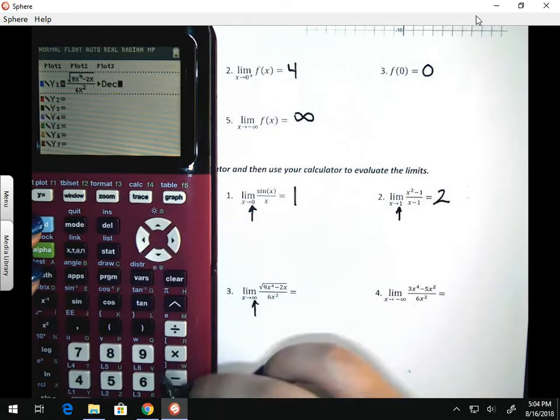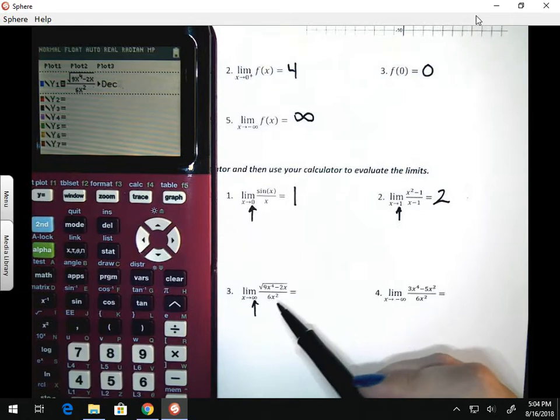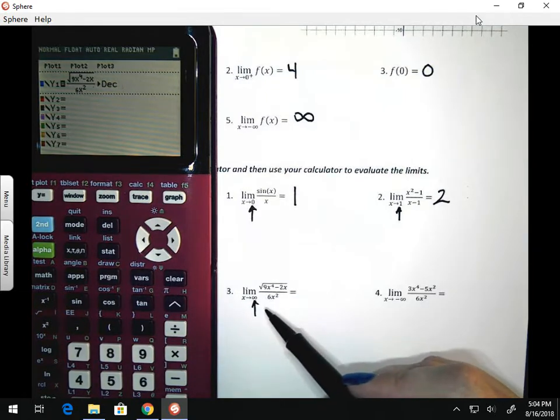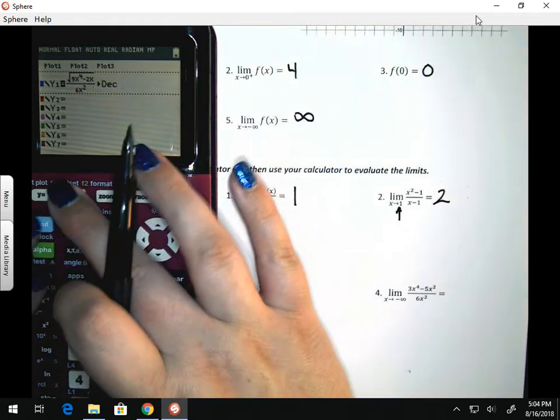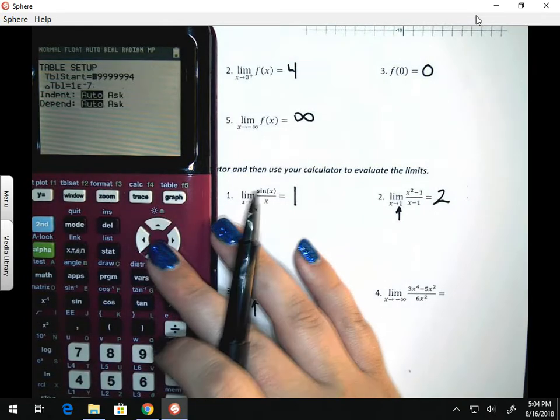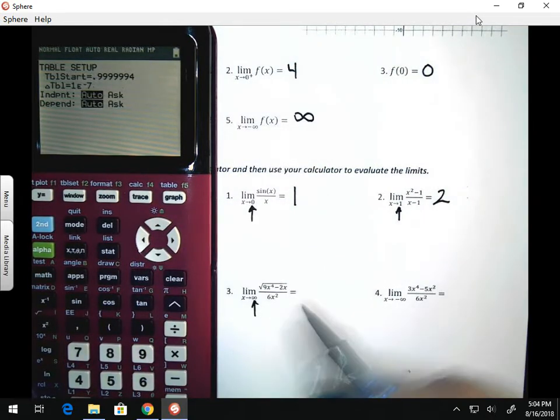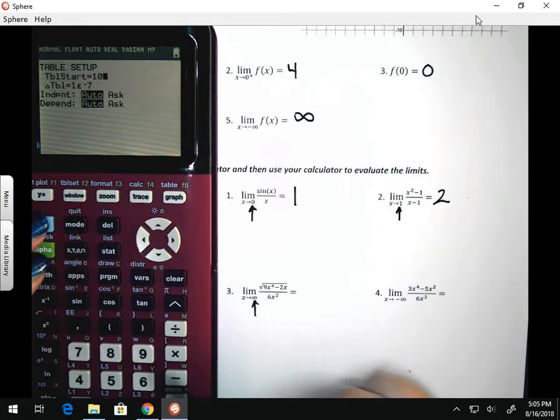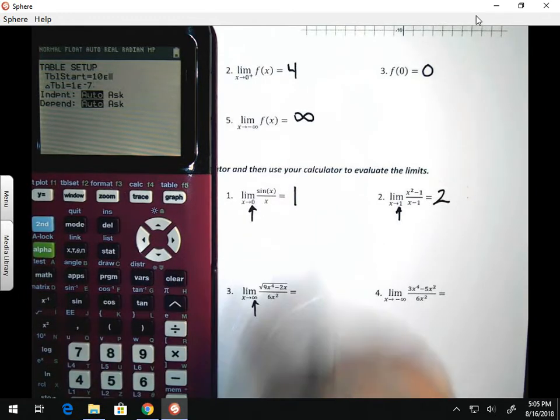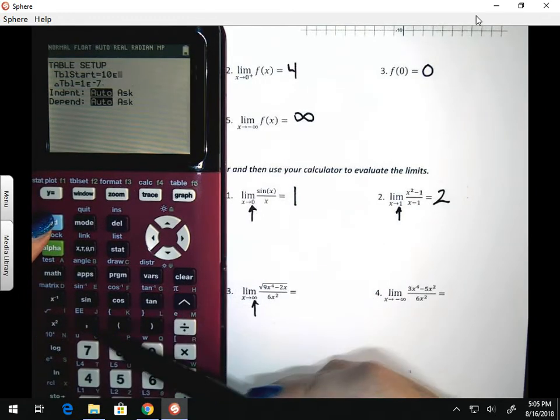Okay, so what we're going to want to do is we want values getting really, really, really big. So we're going to go to our table set. And instead of our table start being some specific number, we're going to do 10 and then E. To get that E, by the way, I hit second and then the comma, and it's right here in blue.